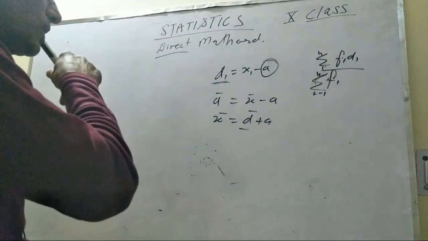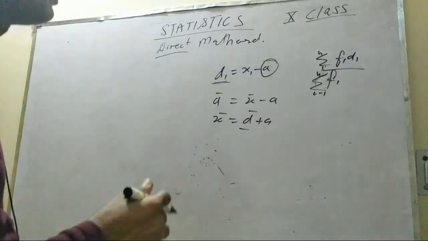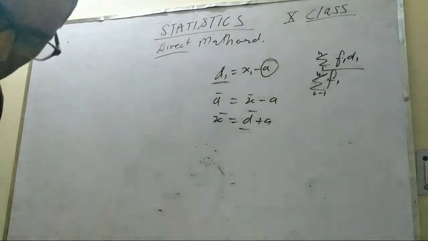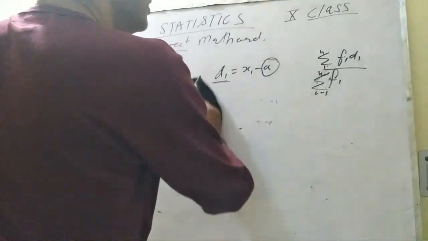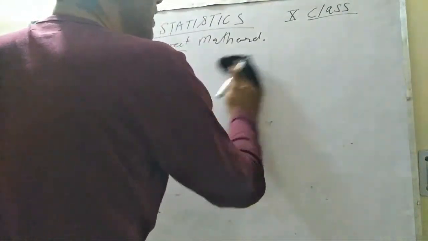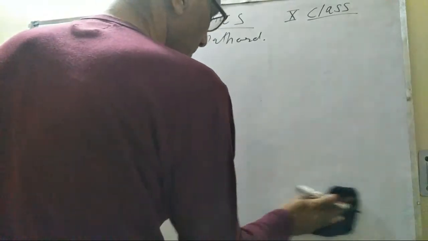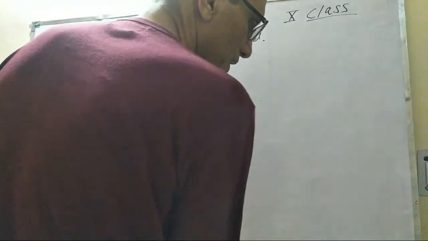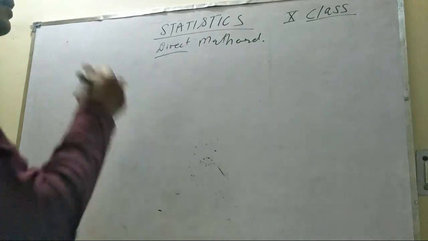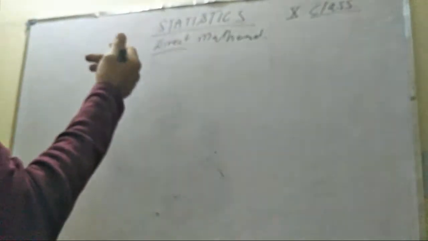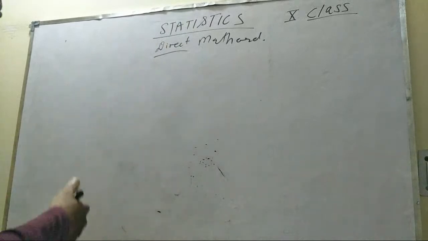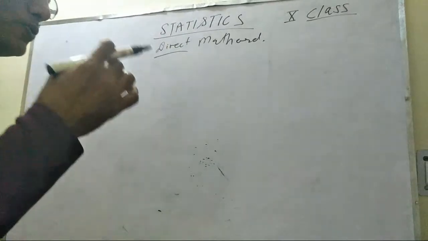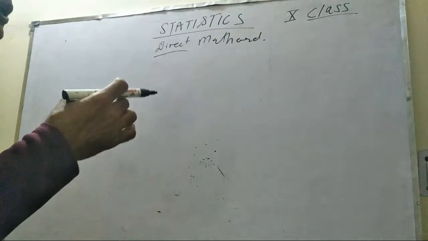Suppose that d1 is equal to x1 minus a. A is the assumed mean, जिसके अंदर assume कर दिया कि जो x1 है वो minus a कर दिया जाए, वो d1 के बराबर मान लिया हमने. तो ये only for use this method to minimize the calculation.